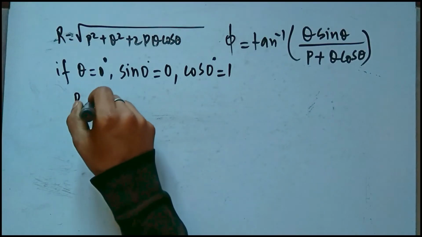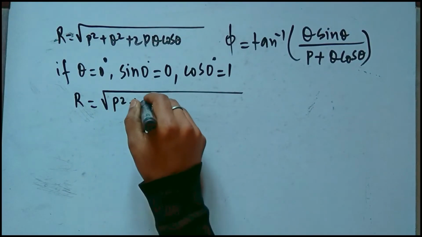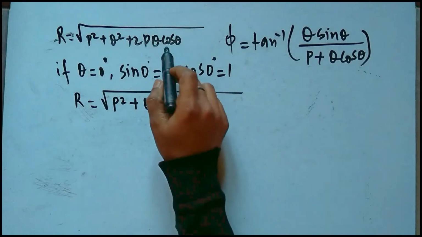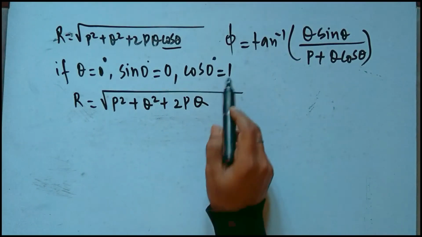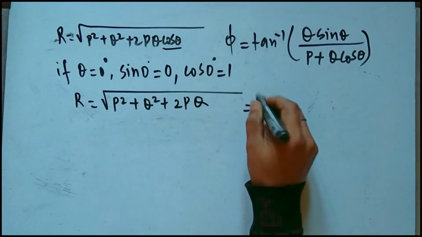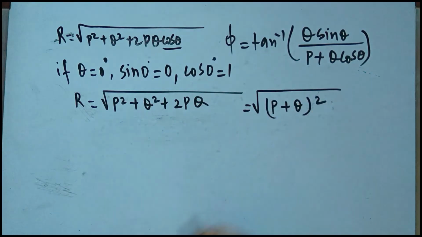So resultant will be P square plus Q square plus 2PQ, and this cos theta will be 1 because theta is 0 degree. So this can be written as P plus Q whole square.